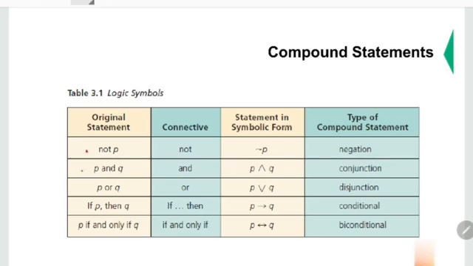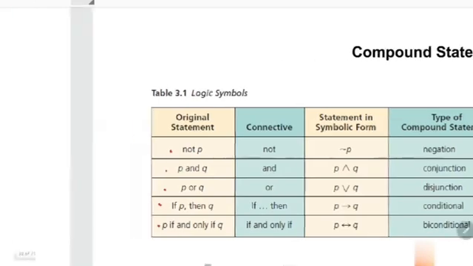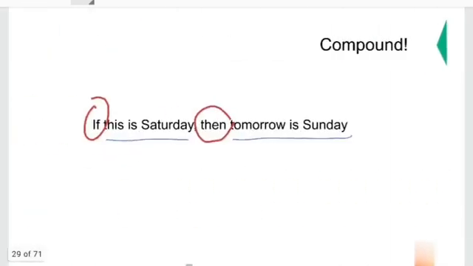Not P, P and Q, P or Q. If P, then Q. P if and only if Q. So what am I saying? So for example, this one, instead of saying this is Saturday, we will use a variable P. And instead of saying tomorrow is Sunday, we will use a variable Q.